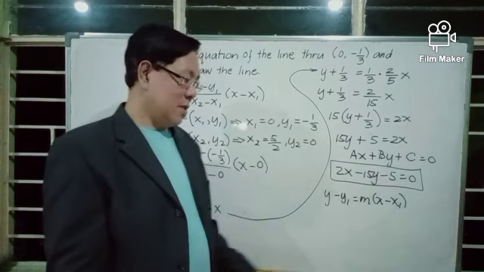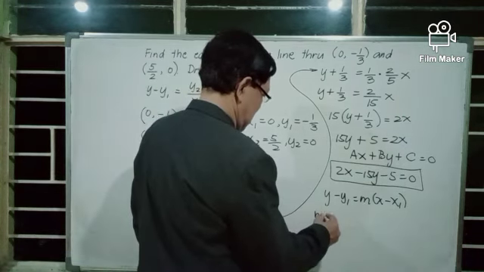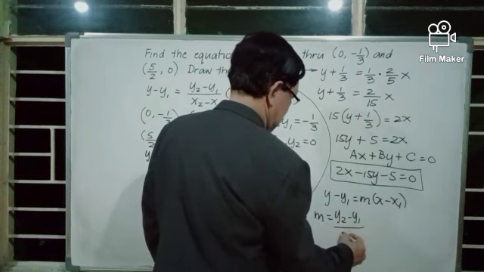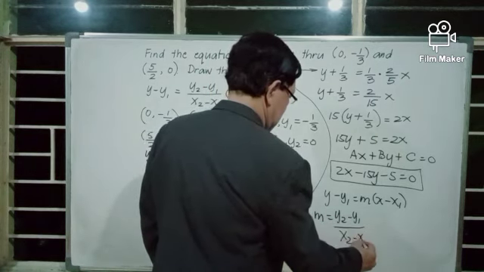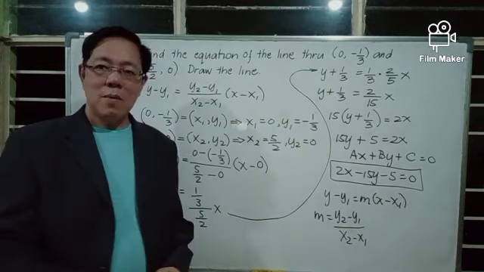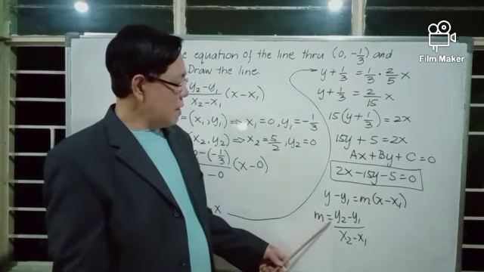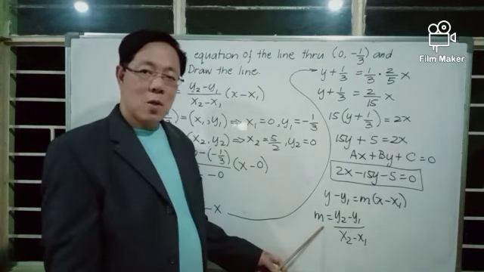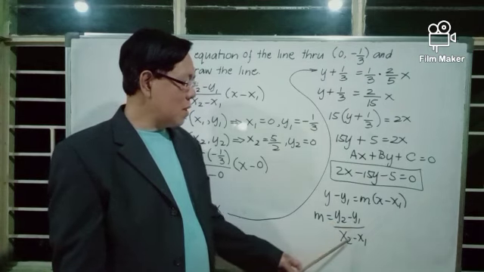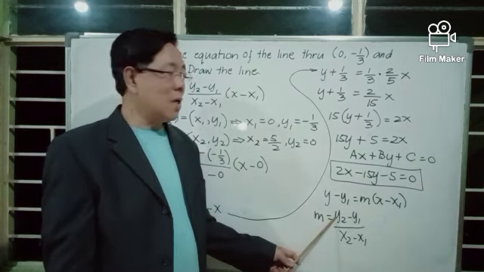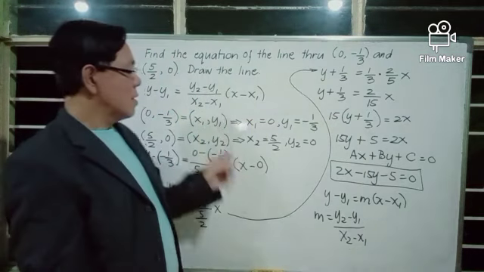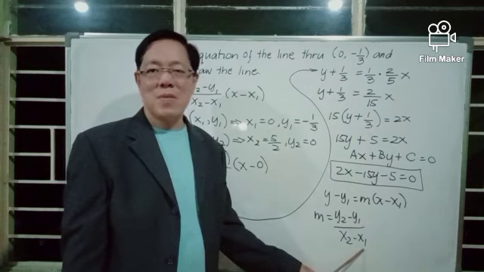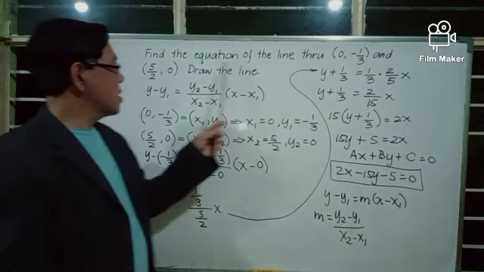Hence, m here is the slope. m is the slope of the line, and the slope of the line is calculated using this formula. m slope is equal to y2 minus y1, the difference of the ordinates of the two given points, divided by x2 minus x1, or the difference of the abscissas of the two given points.